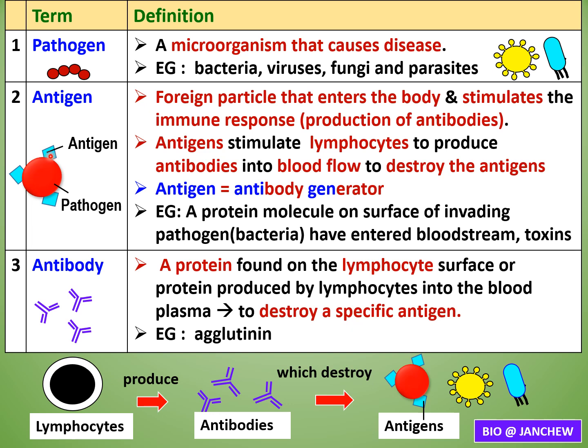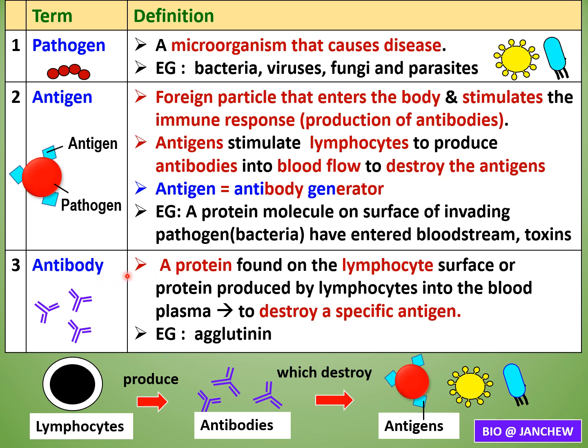These are considered to be the antigens by the defense system in our body, the foreign particles. So the lymphocytes will start to produce antibodies that will act on the antigens, and that's called the immune response. We will be studying this more in the next video and in subtopic 11.2.